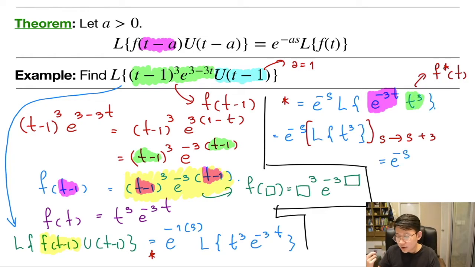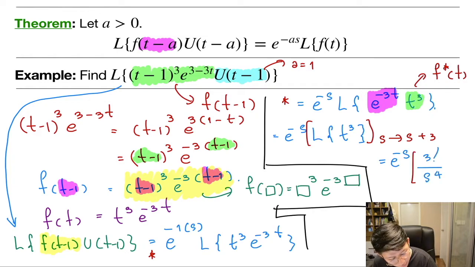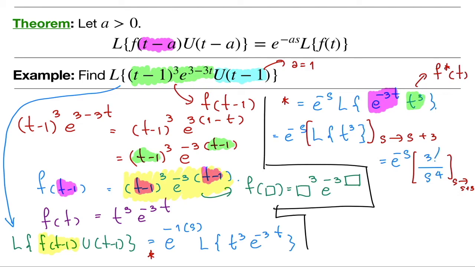The Laplace transform of t cubed is, what is it? 3 factorial divided by s to the 4, right? And then you change s to s plus 3. In that case, you have e to the minus s times 3 factorial over (s plus 3) to the 4. And that's it.